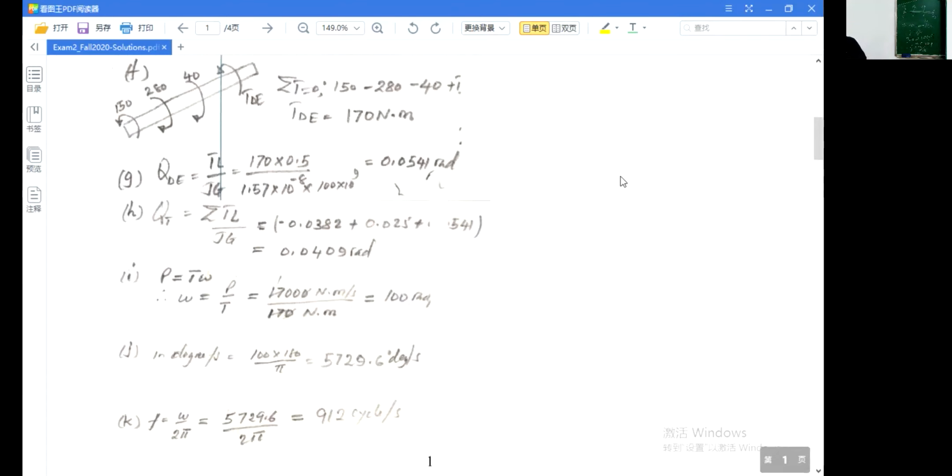After I introduce the transmitted power of a shaft, then I will introduce how to find the deformation of a shaft.